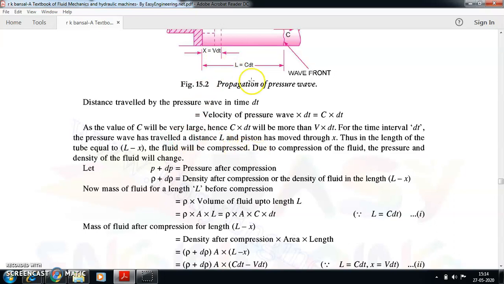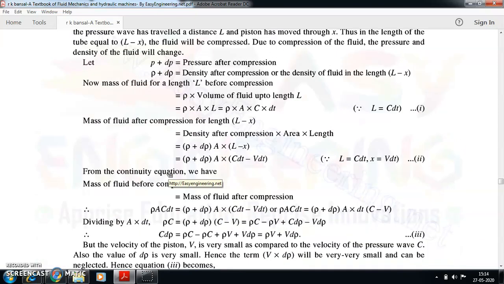Due to the compression of the fluid over here, the density and pressure are going to change. If you compress, definitely pressure will increase and density will also increase. So the new density after compression, let it be rho plus d rho, and the new pressure will be P plus dP.